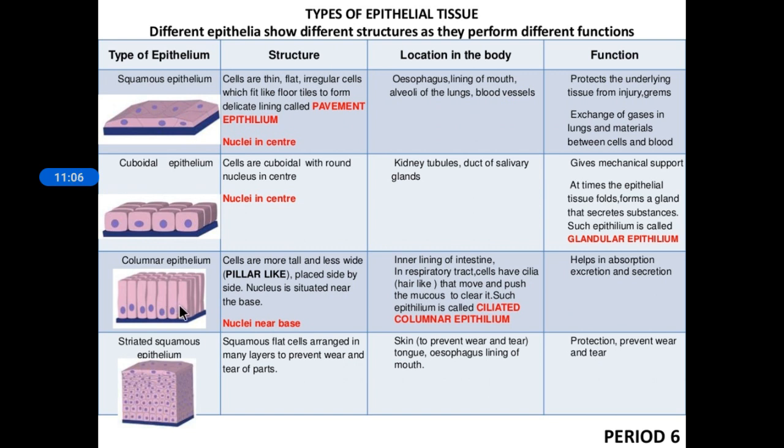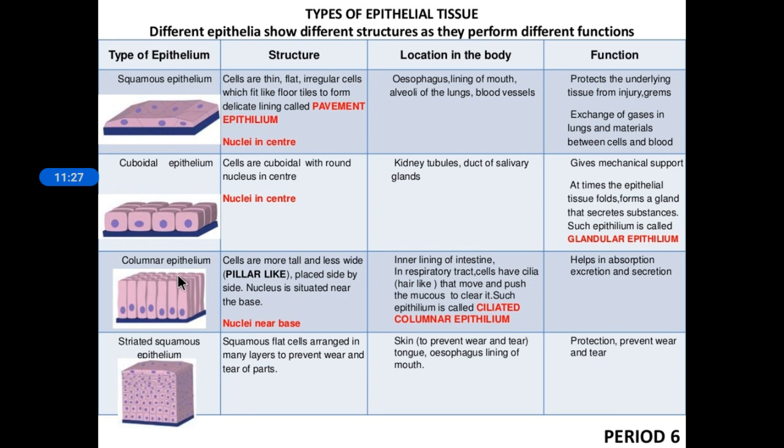In the respiratory tract, these columnar cells have hairs or cilia above this region. They have cilia to move or push the mucus and clear it.